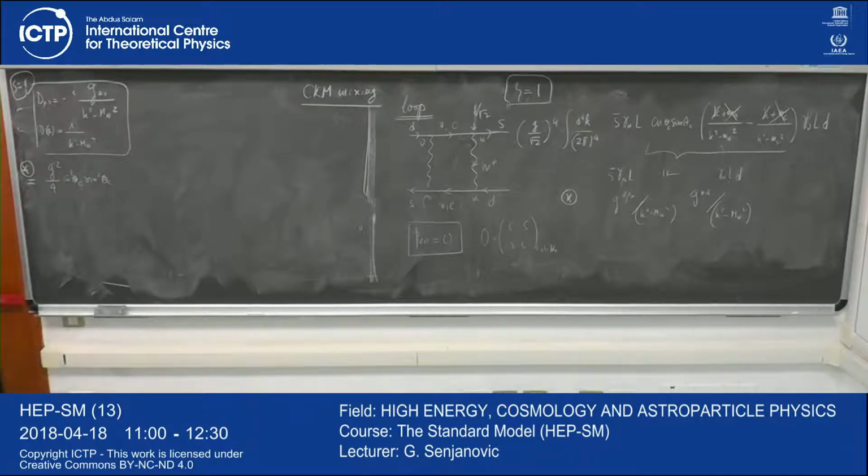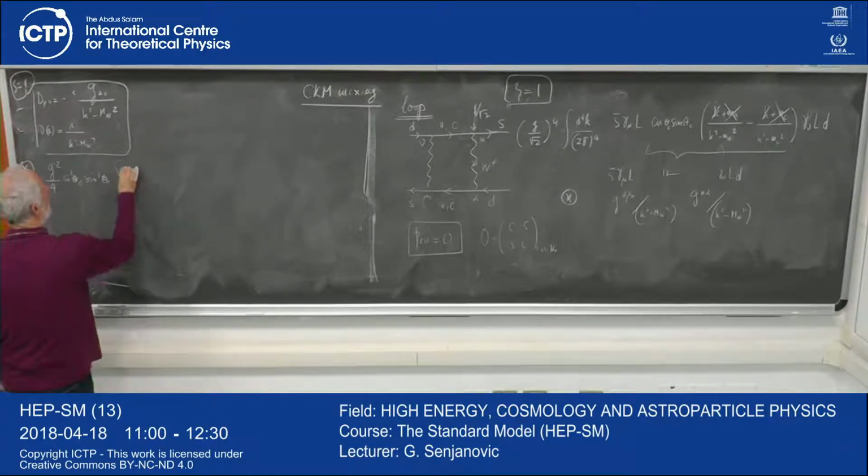I'm going to drop cosine squared, that's 1 basically. And then what do I get? I have an integration d4k over (2 pi) to the 4th.